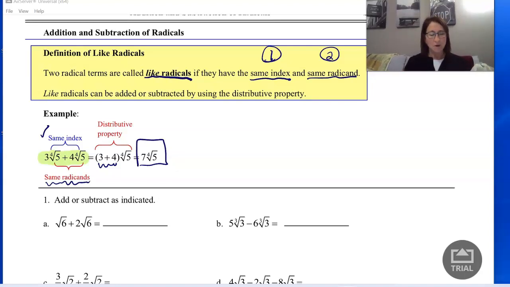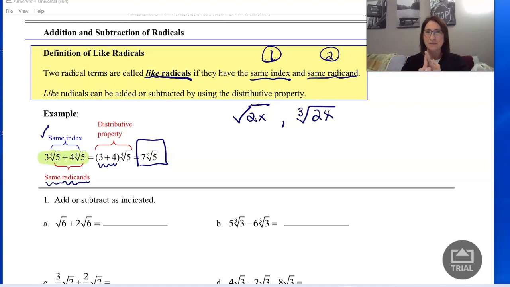Let me take a second here and determine real quickly whether these few examples that I'm going to put on the whiteboard are like or unlike radicals. If I have the square root of 2x, and then I also have the cube root of 2x, we ask ourselves, are these like radicals?